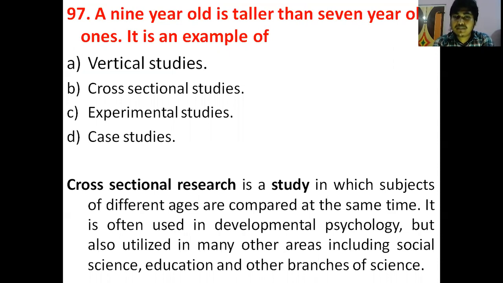It is often used in developmental psychology, but also utilized in many other areas, including the social sciences, education, and other branches of sciences. So our correct answer will be option B, cross-sectional studies, because cross-sectional research is a study in which subjects of different ages are compared at the same time. So our correct answer will be option B.